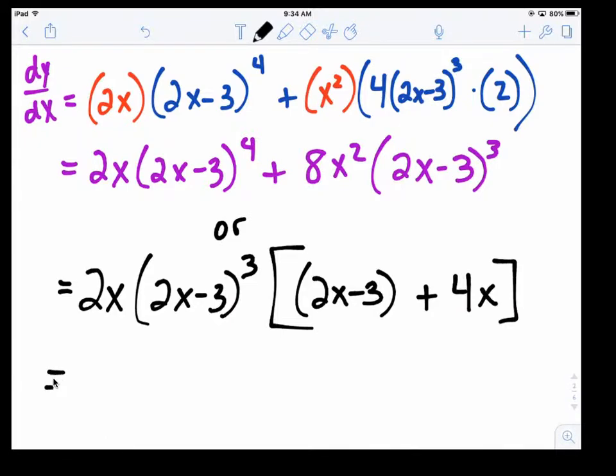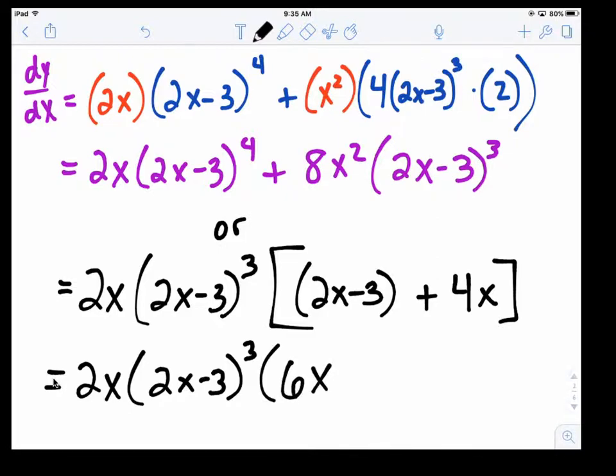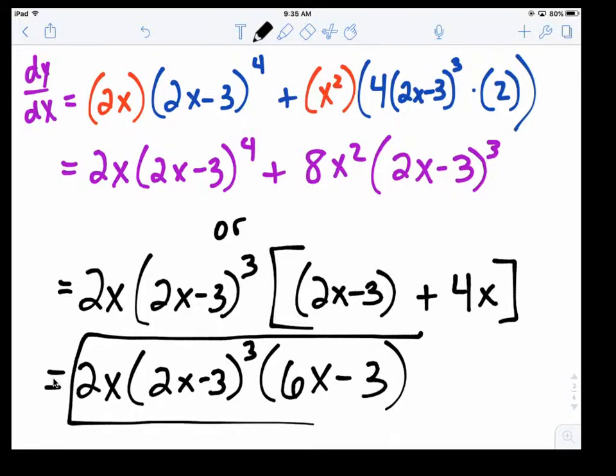So now by doing that, you have 2x times 2x minus 3 cubed times, now if I simplify what's inside the brackets, what do you get? 6x minus 3. Right. So that is a much nicer answer.